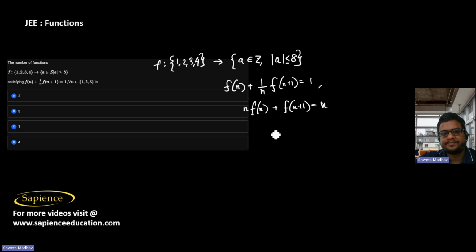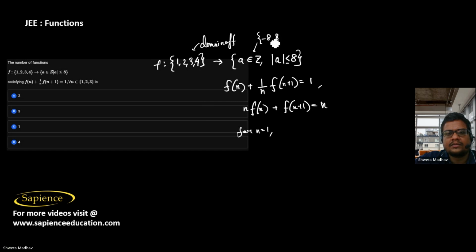So here, 1 2 3 4 is the domain. It is the domain of the function f, and -8 to 8 means all the integers from -8 to 8, like -8, -7, -6 till 7, 8.